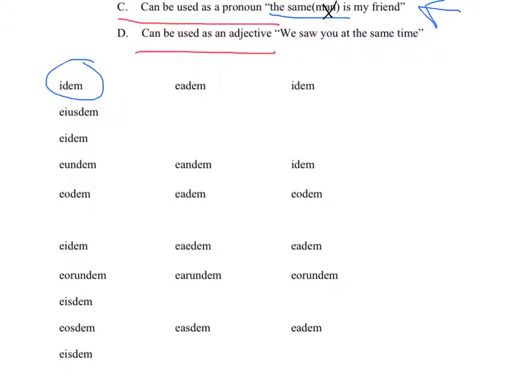In English, you'd have to say the same man is my friend. So the word can be used to stand on behalf of a noun, which is what a pronoun does, or it can be used as an adjective. For example, we saw you at the same time, where same is modifying the word time. It's the adjective describing time. So it can be used to stand on behalf of a noun, the same man in this case, or it can be used as the adjective.